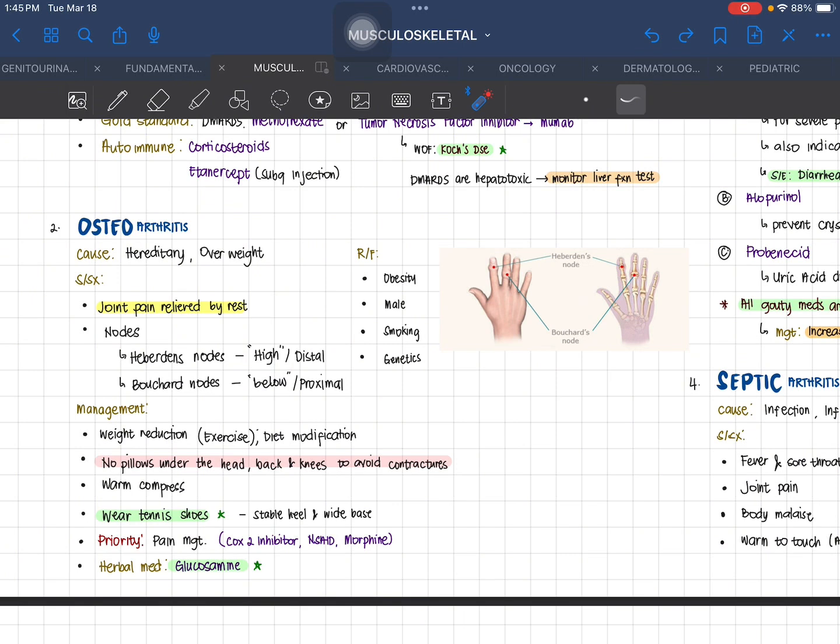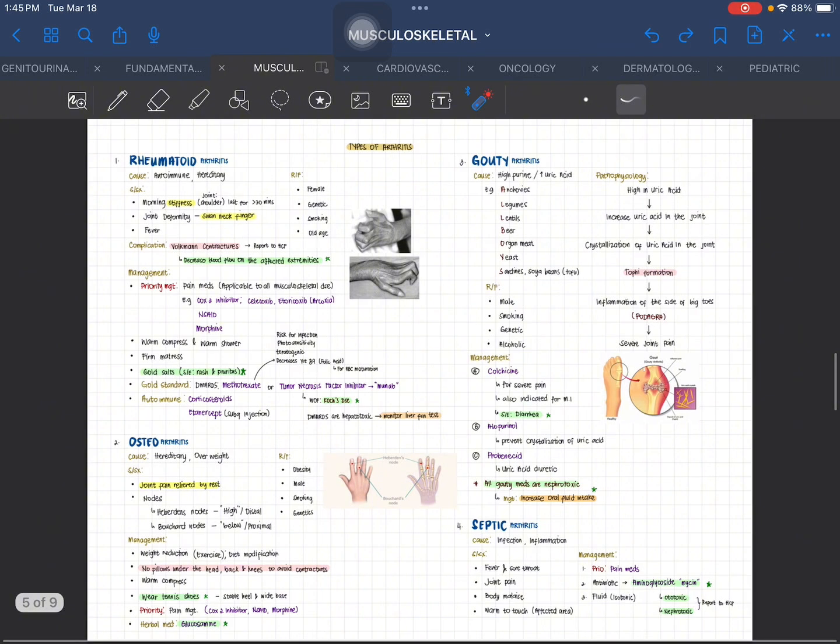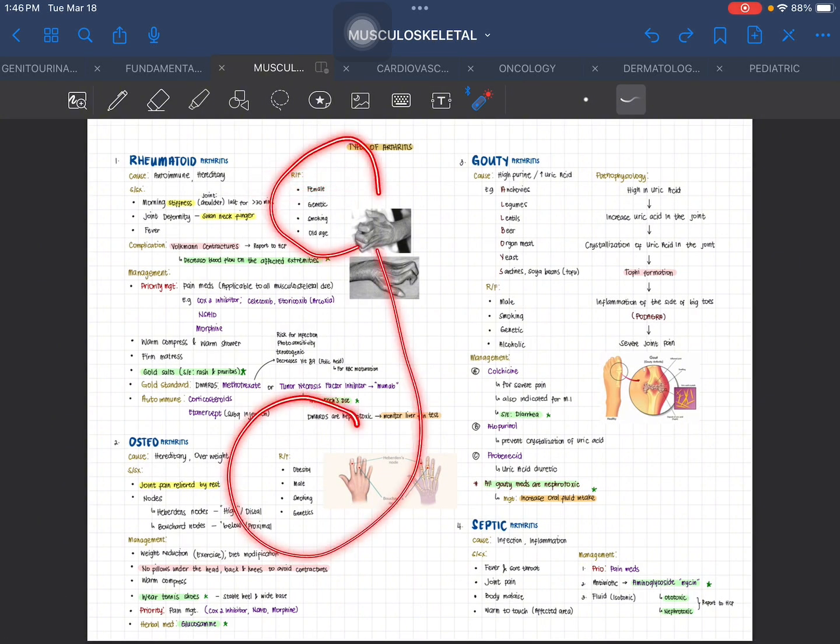And also, hereditary nga. So, genetics. And then, smoke. And, of course, common ito sa male. Unlike dito, ang rheumatoid kasi, common siya sa female. Almost same lang naman. Ang pinagkaibahan dito kasi sa rheumatoid, common siya sa old age eh.